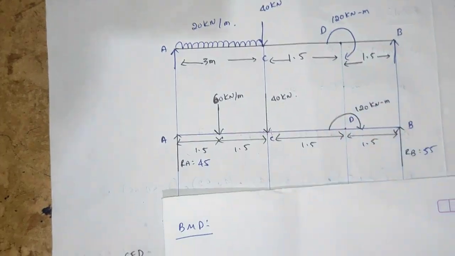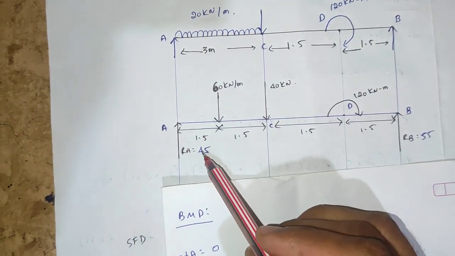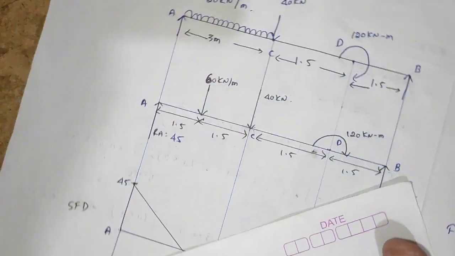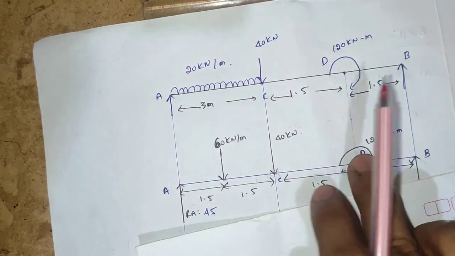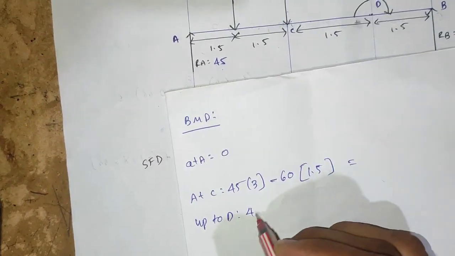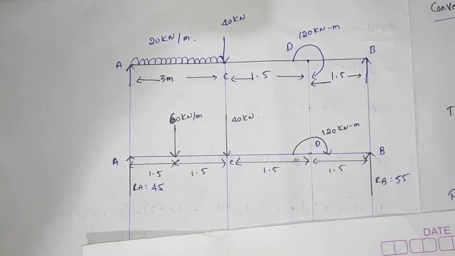Okay, up to D, that is plus 45. From here this is plus 45. This is acting clockwise, so 45 plus 45, I have written plus 45. What distance? 3 plus 1.5, 4.5.